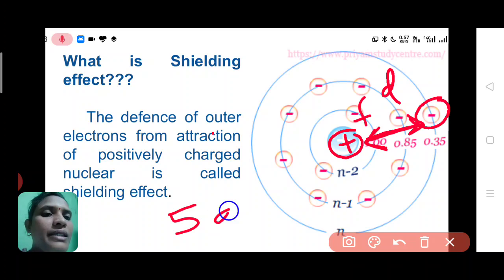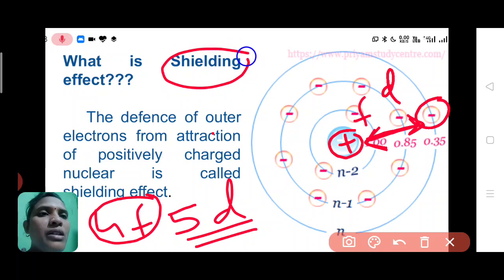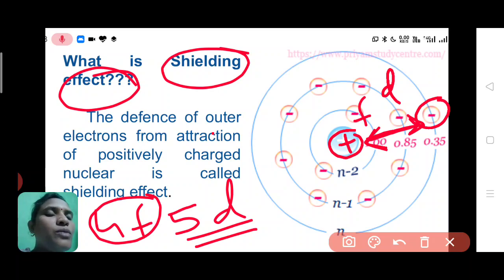In the 5D series elements. In the 5D series elements, there is an entry of the F shell, and this F shell has poor shielding effect. So it does not have much power of defending this outer electron from the attraction of this nuclear charge, and that's why this nucleus attracts the outer electron very strongly.